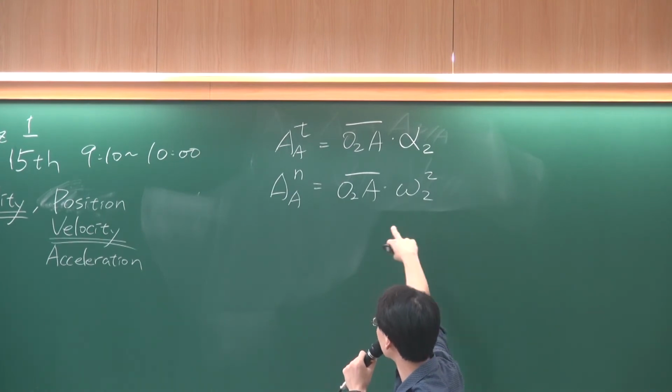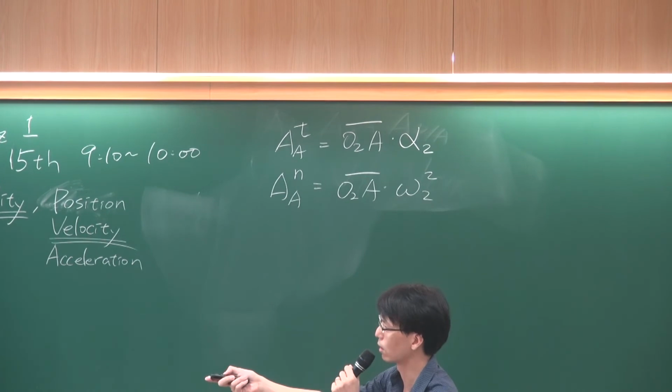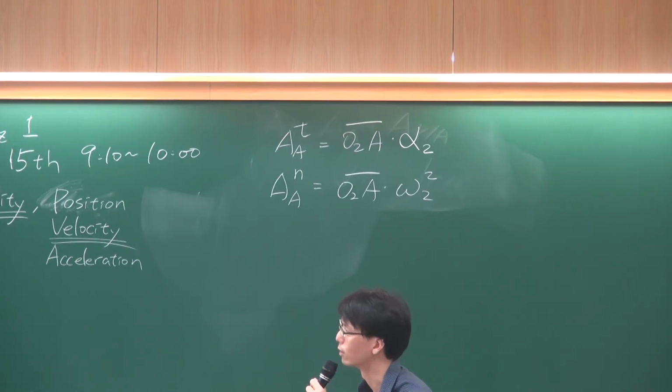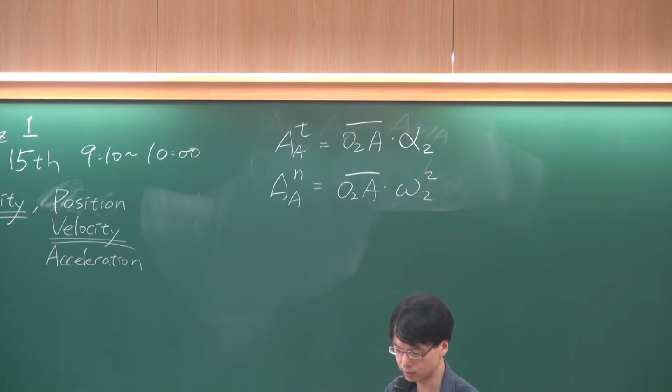So it's omega 2 squared times the length of O2A. So we can also obtain it right after we finish the velocity analysis.